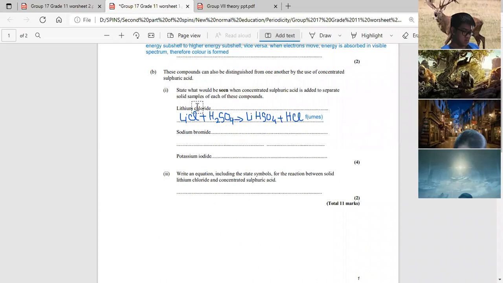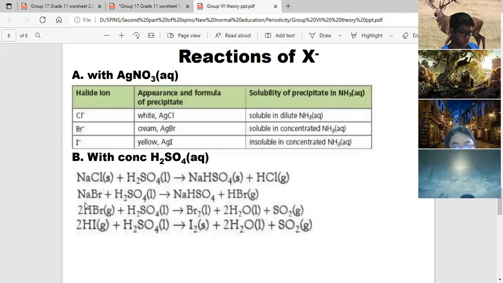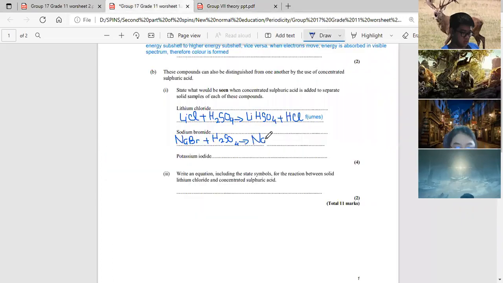Then sodium bromide, NaBr plus H2SO4. Yesterday we already had NaBr plus H2SO4 become NaHSO4 plus HBr.